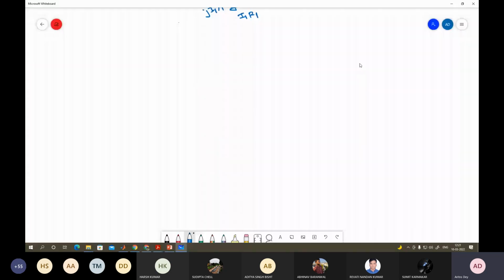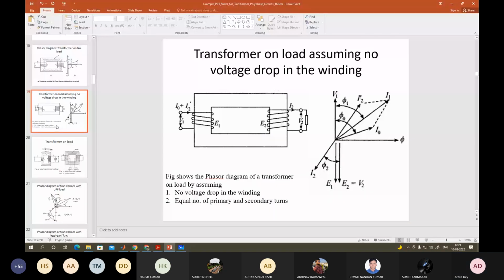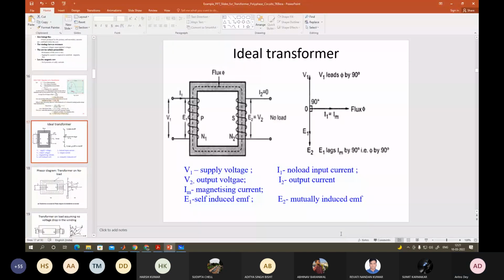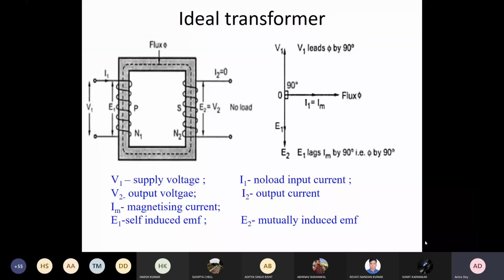So what is happening, actually I think it is there in the slide. Let me go back. So here we are applying V1.